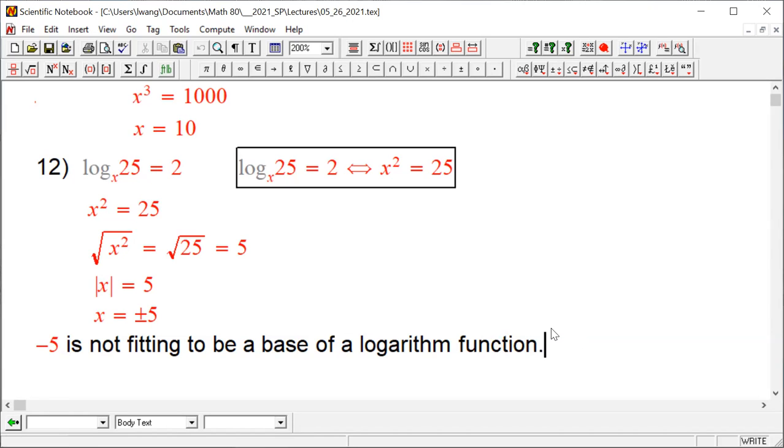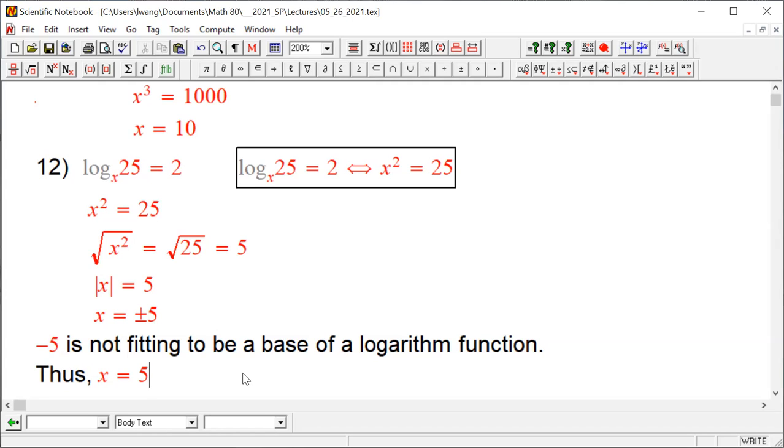Thus x equals to +5. X equals to +5. Got it? Is that good? Are we good?